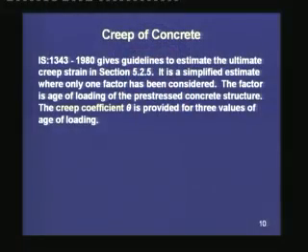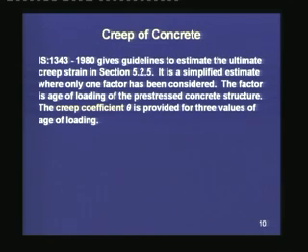The code IS 1343-1980 gives some guidelines to estimate the ultimate creep strain in section 5.2.5. It is a simplified estimate where only one factor has been considered. The factor is the age of loading of the prestressed concrete structure.